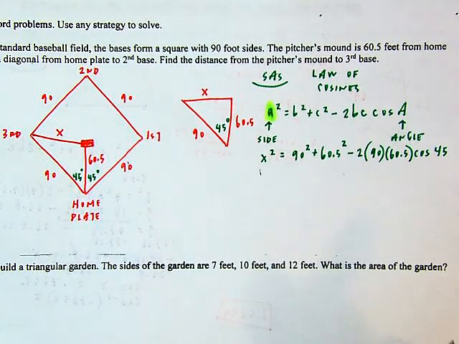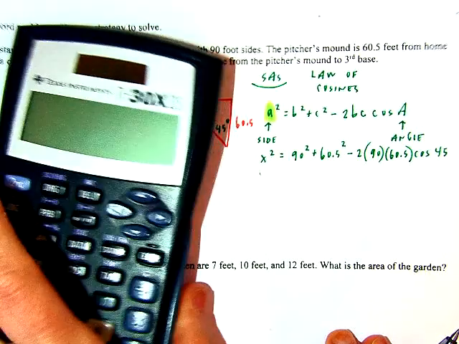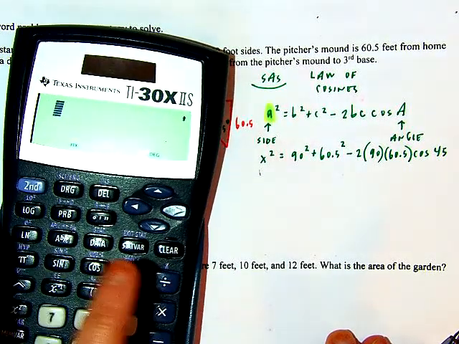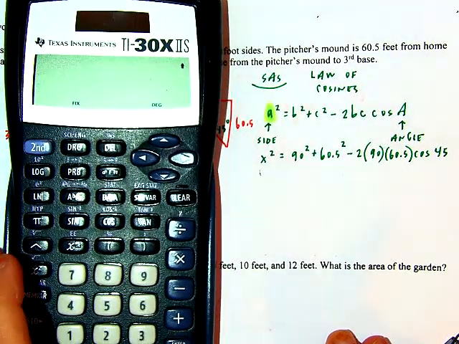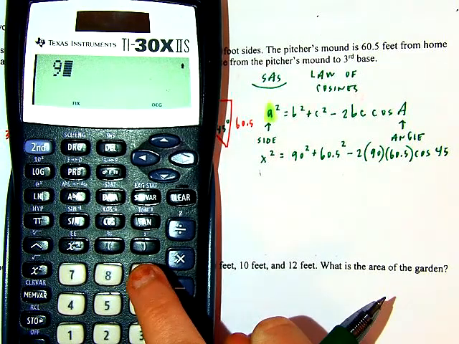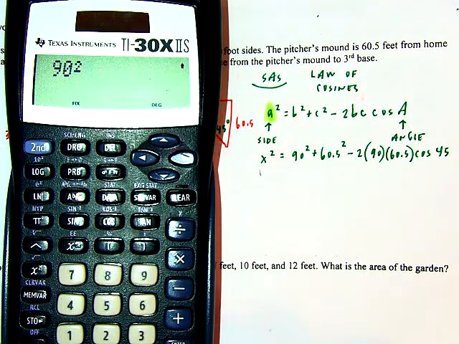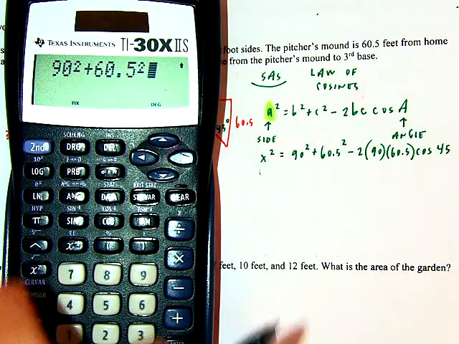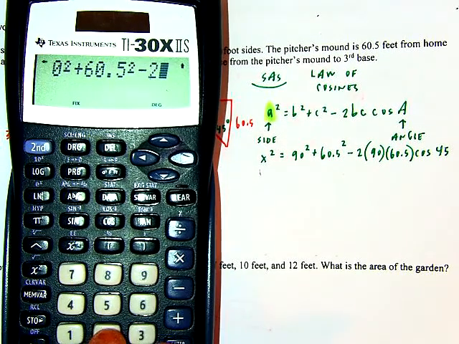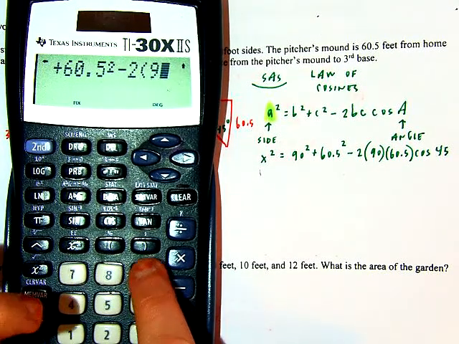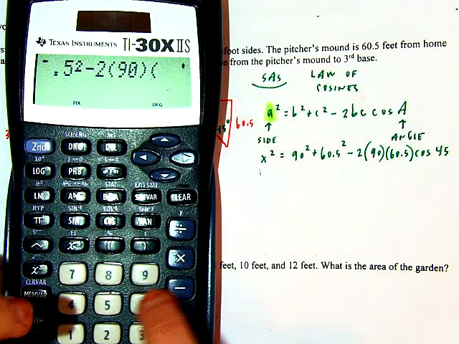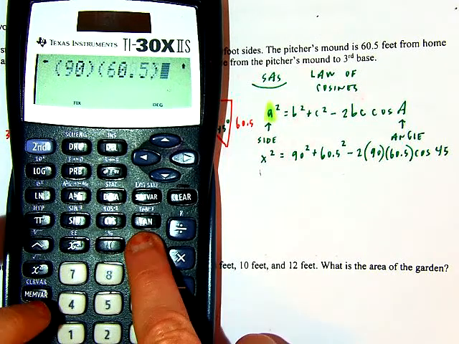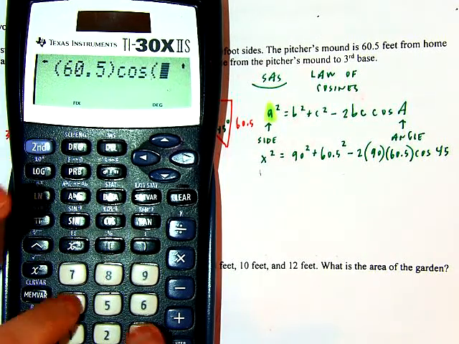All right, so I can type all of that into my calculator. Let's do so right now. Slide it up. All right, so 90 squared plus 60.5 squared minus 2 times 90 times 60.5 times cosine 45.